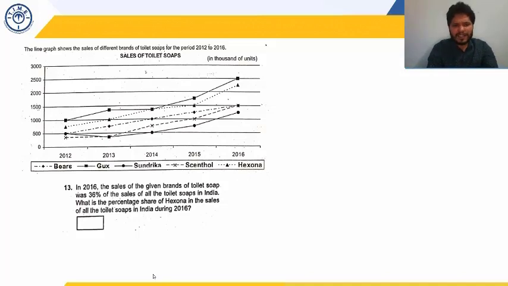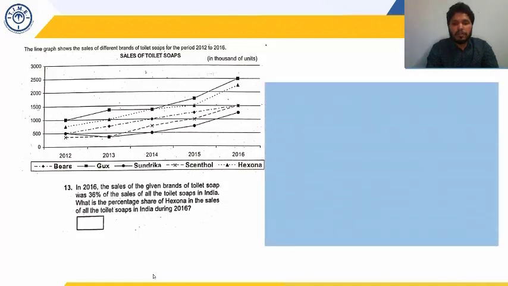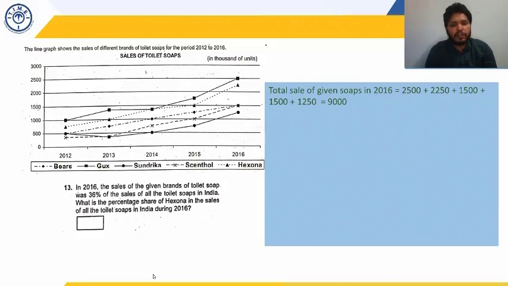Okay, let's try to solve this. So first we need to find out the total sales of the given soaps in 2016. The total sales of the given soaps in 2016 is how much? The sale of Lux is 2250, then 2250, 1500, and 1250, which comes out to be 9000.